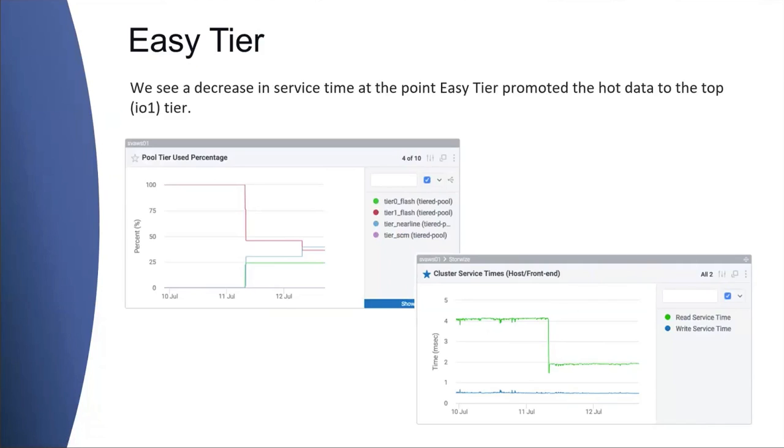We just talked about the 4 millisecond response time because we're being throttled at 1,500. Once I took off that governor, you can see my service times dropped in half, or a little more than half, to less than 2 milliseconds. Your write service times did not change, mainly because we're all writing to cache anyway, and cache wasn't being filled. So I'm still achieving the great 0.5 milliseconds on my writes.